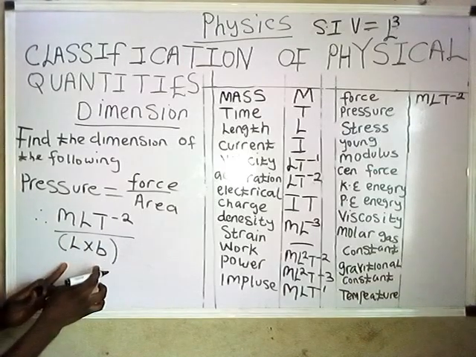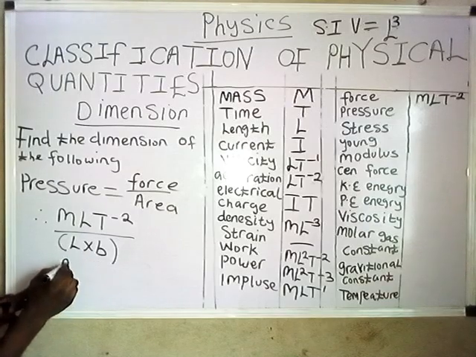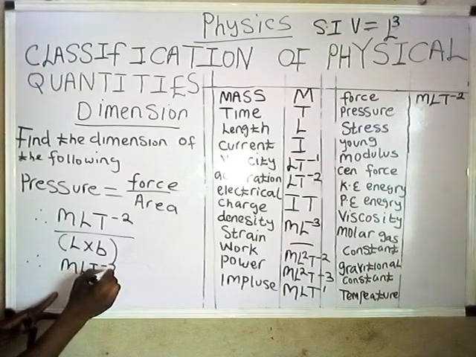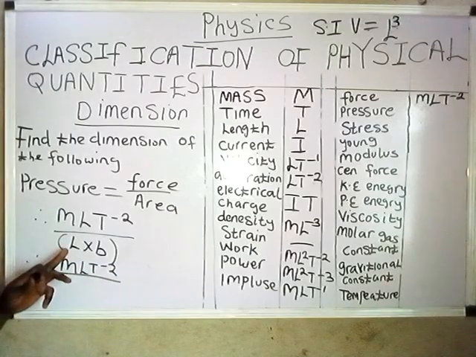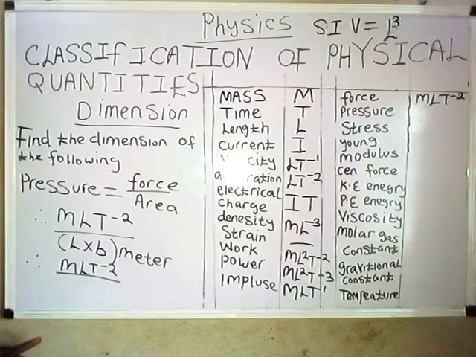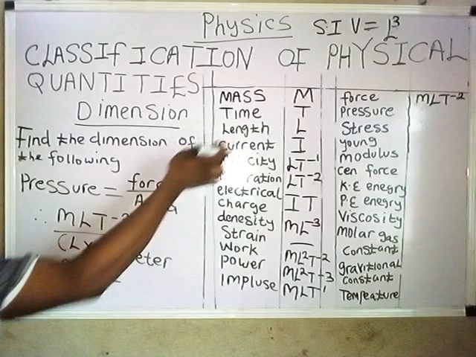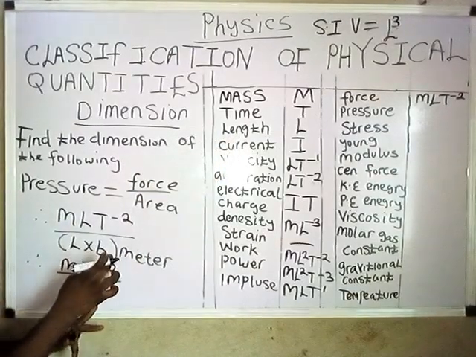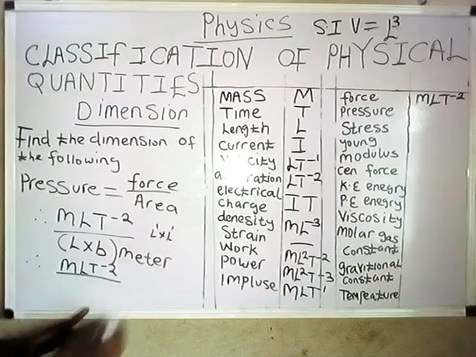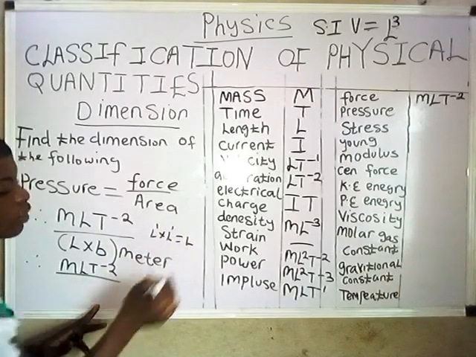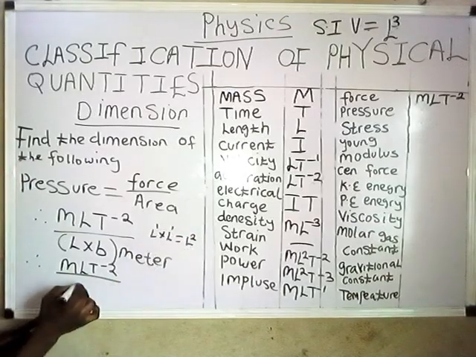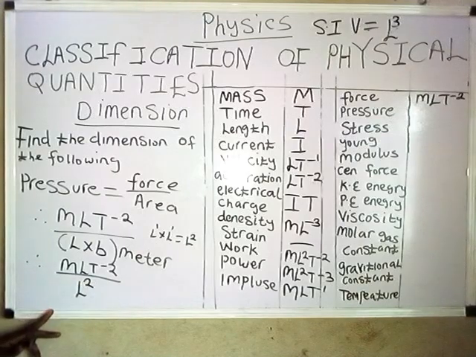So we can therefore say that M L T raised to power minus 2 over length times length. There's an invisible one here. We take one L, add the power according to the laws of indices, it will be L squared.